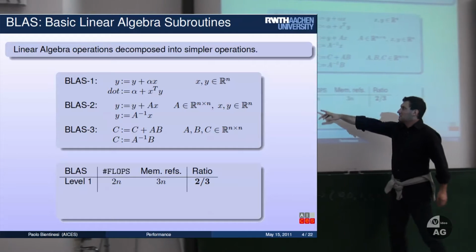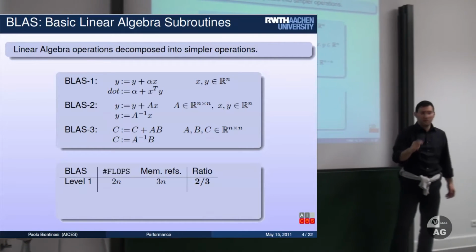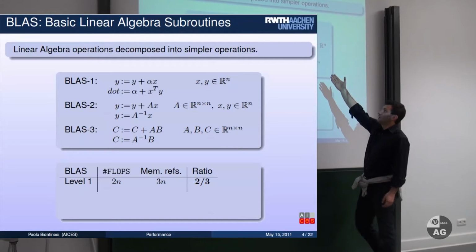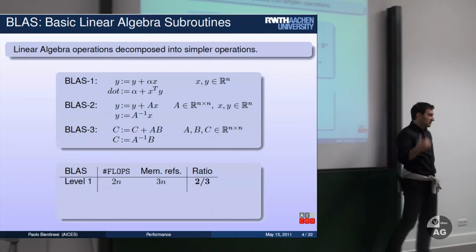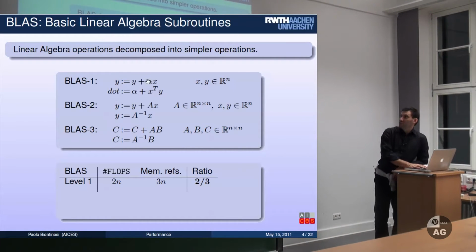So, level 1 BLAS, memory references. How many times do we have to access memory to perform a level 1 operation? Let's just take, for instance, the AXPY. We have to read X, which is n elements. We have to read Y, which is other n elements.